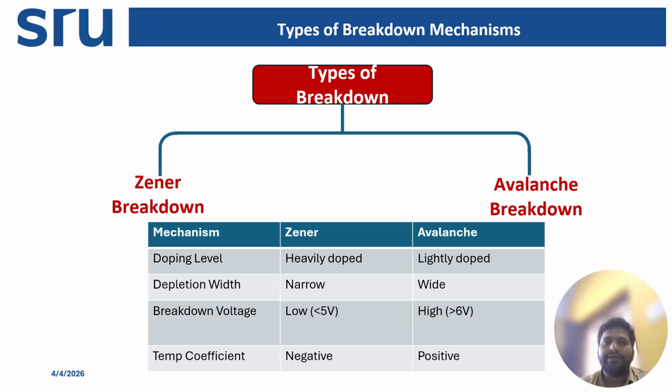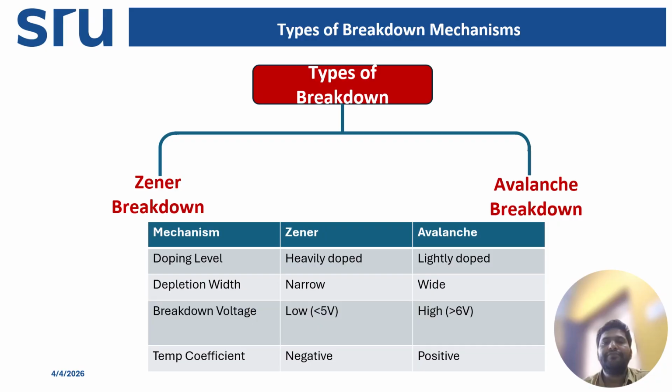So there are two types of breakdown, Zener and avalanche. Let us understand each one clearly. Zener breakdown occurs in a heavily doped p-n junction diode. Because of heavy doping, the depletion region becomes very thin. Reverse voltage produces a very strong electric field. When the reverse voltage increases, the electric field becomes extremely strong.